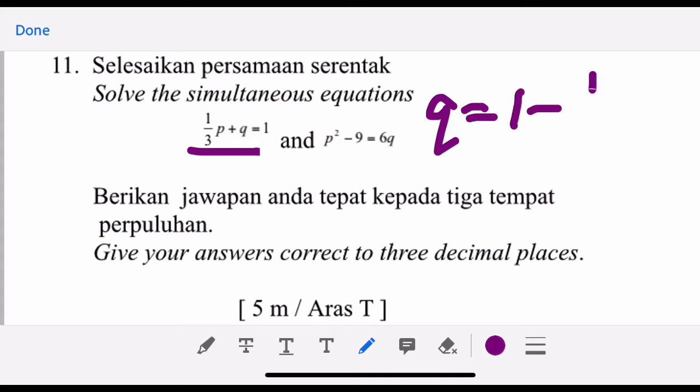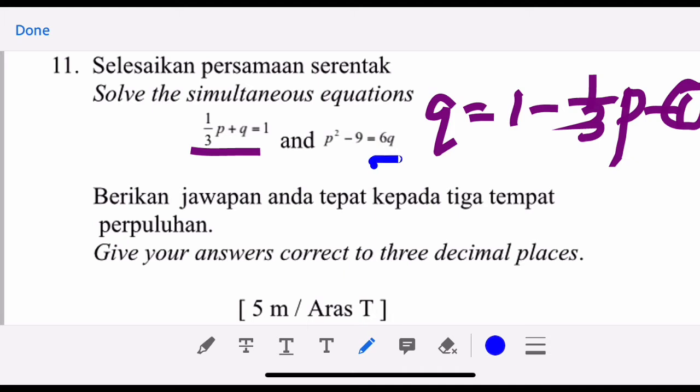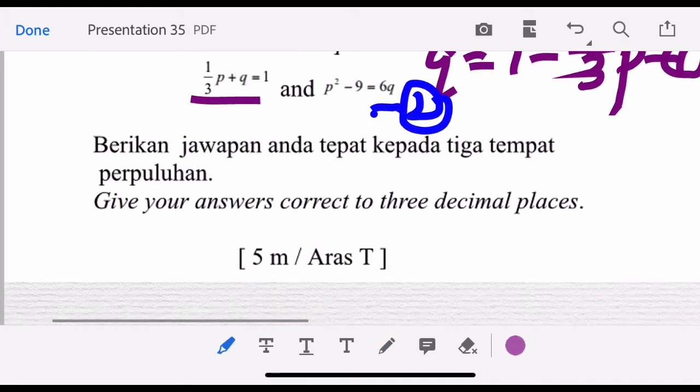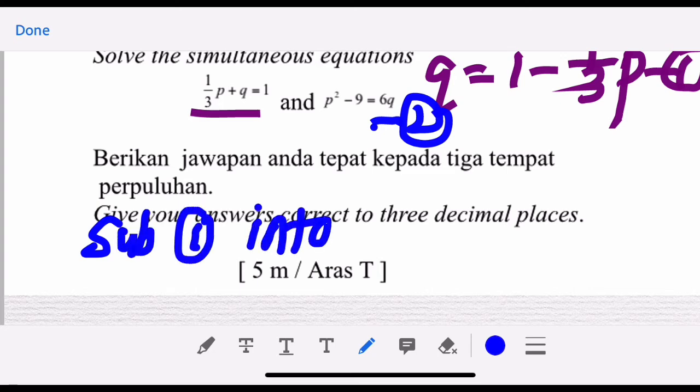You can start from any one that you think is easy. This is number 1 and this will be number 2. So I'm going to substitute 1 into 2.